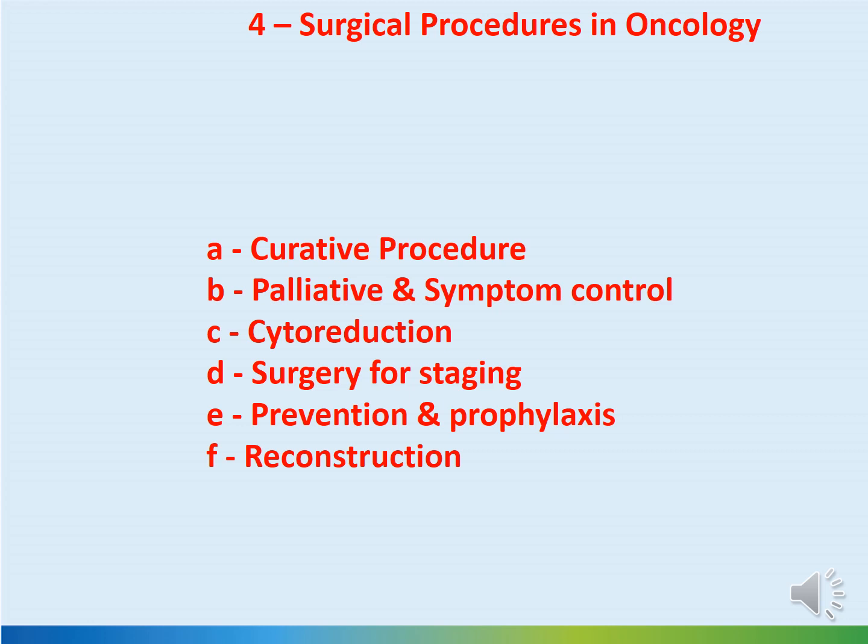We can do surgery as palliative, to reduce and control the symptoms. We have something we call cytoreduction surgery. Sometimes we do surgery for staging. We can do surgery as prophylactic surgery, or at the end, reconstructive surgery.